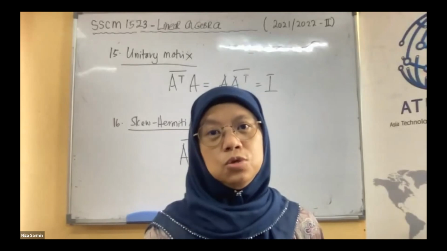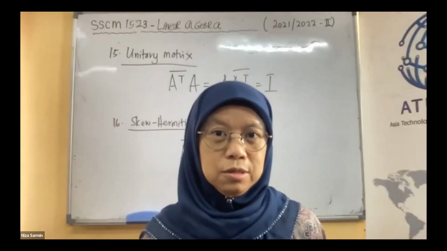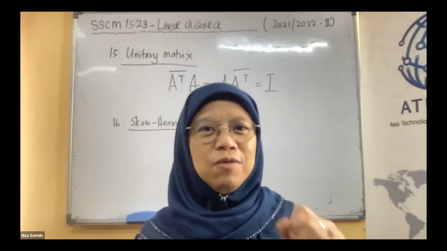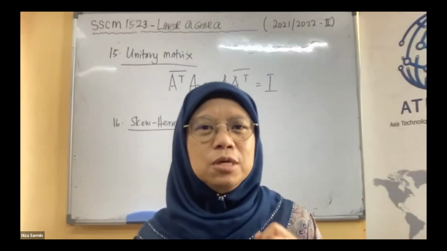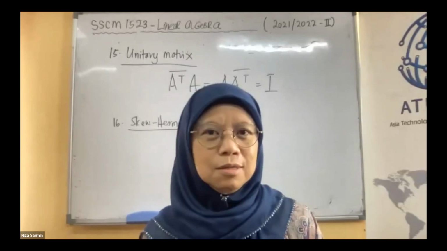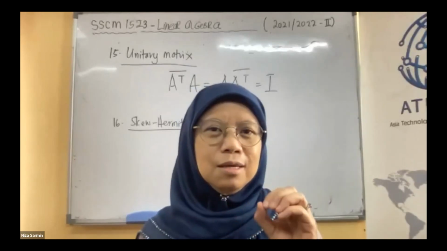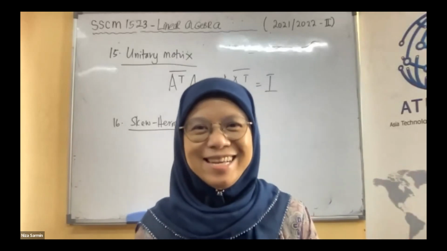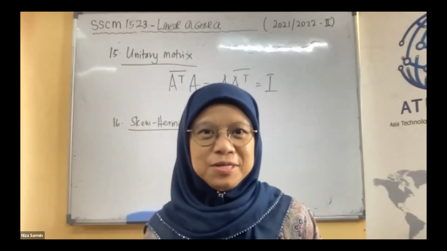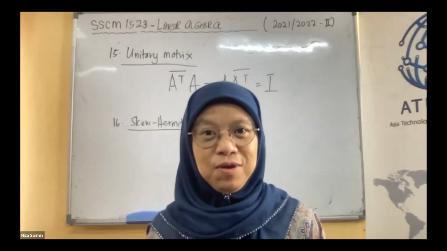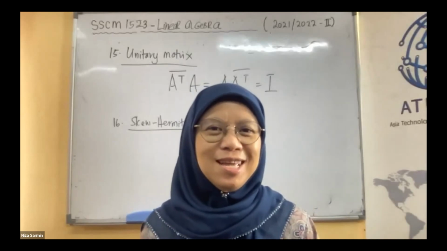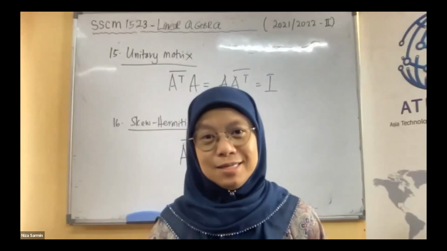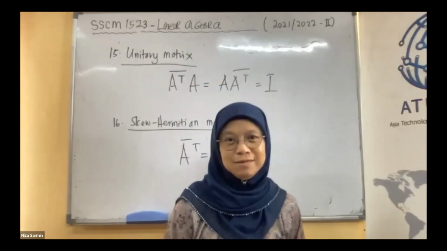Then we will go into elementary row operations. So I will say this: you have to understand elementary row operations fully, because whether you pass or fail the class is based on elementary row operations, because you'll be using this until the very last chapter.